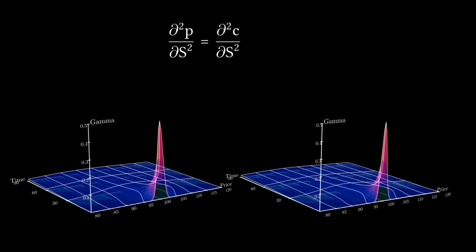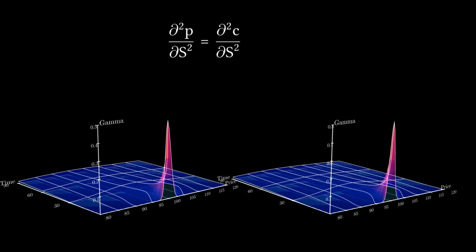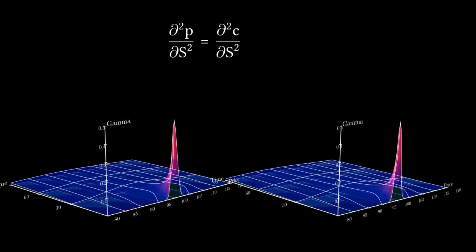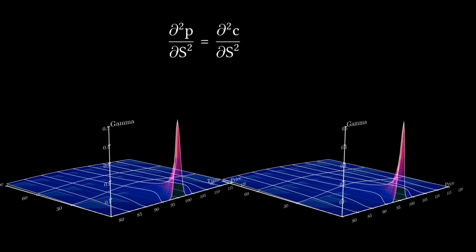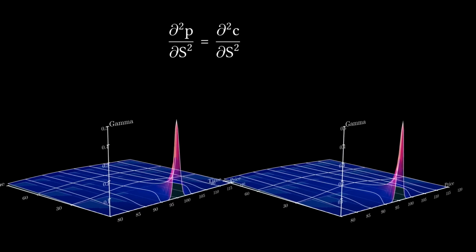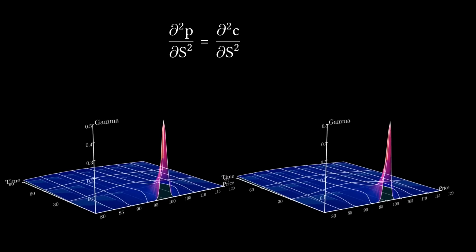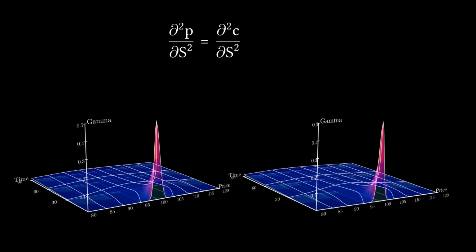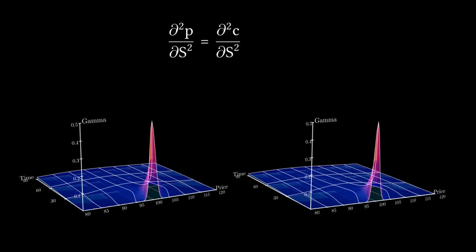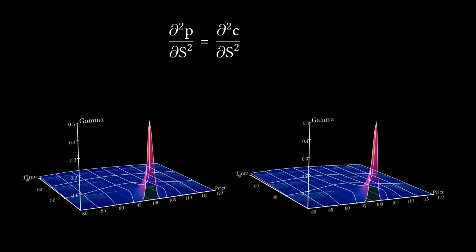So delta gives us the directional exposure of the option to the price of the underlying, and gamma gives us the sensitivity of that directional exposure. So this tells us that the value of calls and puts move with the same magnitude at the same price of the underlying and time to expiration, just in opposite directions.